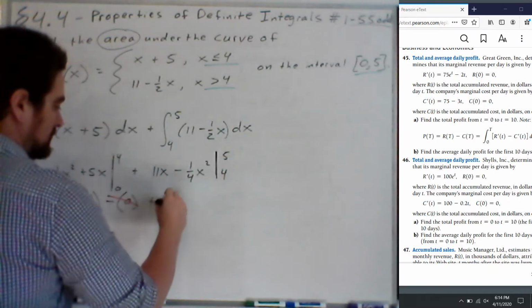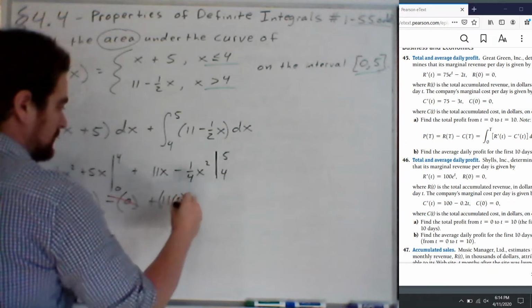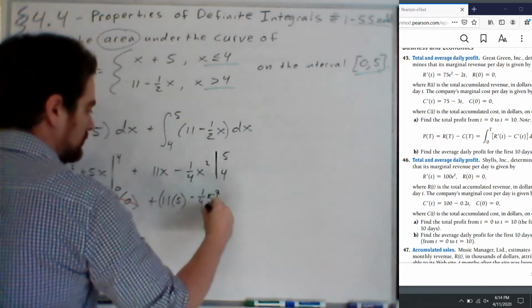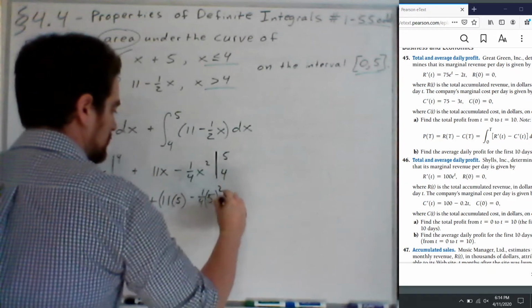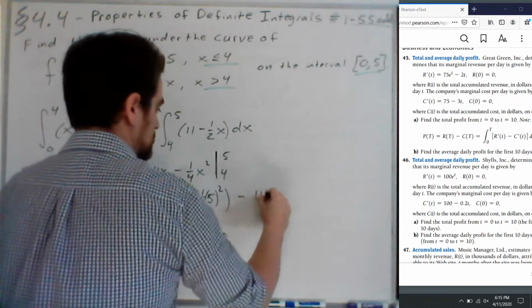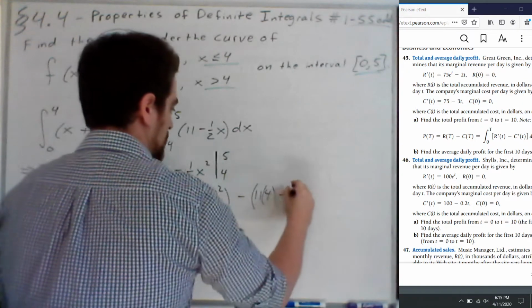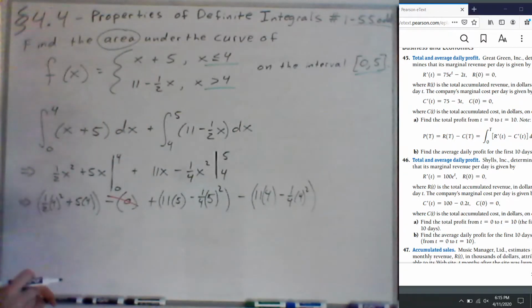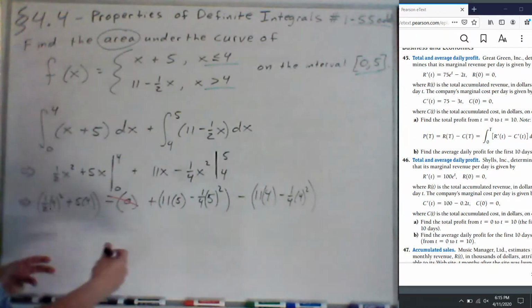Upper bound plugged in is 11 times 5 minus 1/4 times 5 squared. And then subtract the lower bound plugged in, 11 times 4 minus 1/4 times 4 squared. So I'm just going to do each one of these pieces, and then we'll bring it all together.